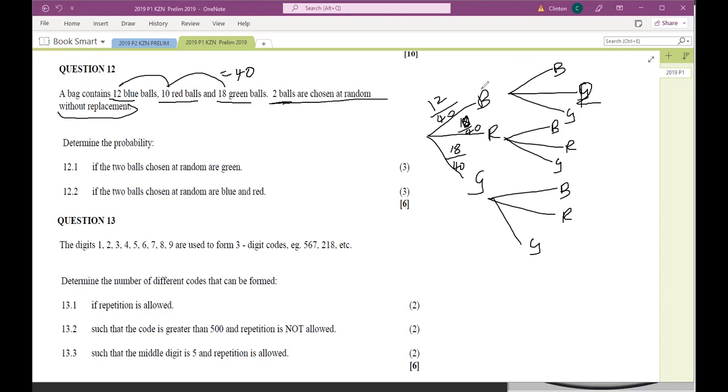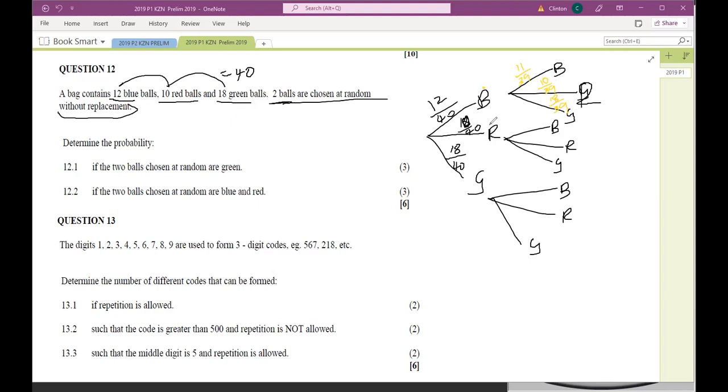So if I chose blue as my first option, it means I have 11 blues remaining. The other parts will still remain the same, right? It's gonna be 10 and 18 there. But now we have over 39 because we did not replace. So over 39, perfect.